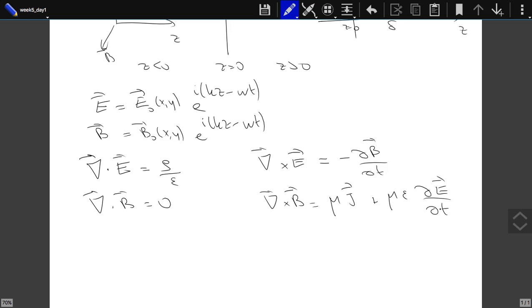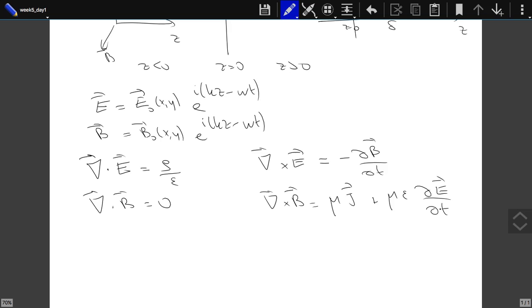J, definitely I will have some J. In fact, if I write Ohm's law, J is just sigma times E. Sigma is infinite, E will be 0, but I don't really know what J will be. So nothing prevents currents and charges from accumulating or being created on the boundary. So these two equations do not really tell me much about the possible boundary conditions because I don't know what rho is, I don't know what J is.